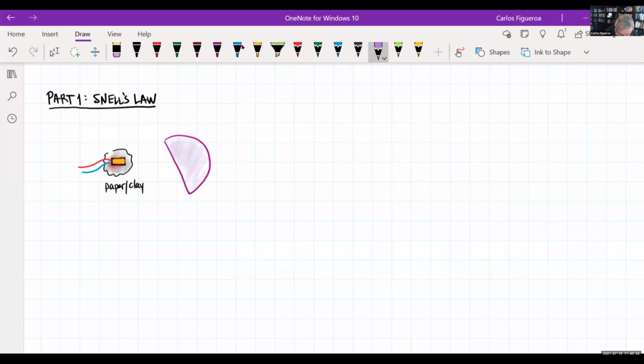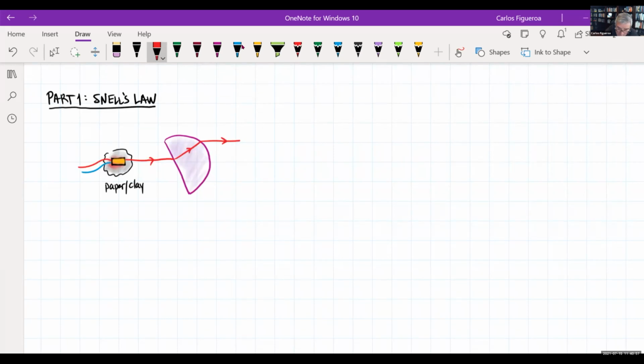And then you're going to shoot the laser at this. As I shoot, the laser is going to come out, and you're going to see that there's some refraction, and then the light's going to leave again. Now, it doesn't look parallel like this, but this is what we're doing here.